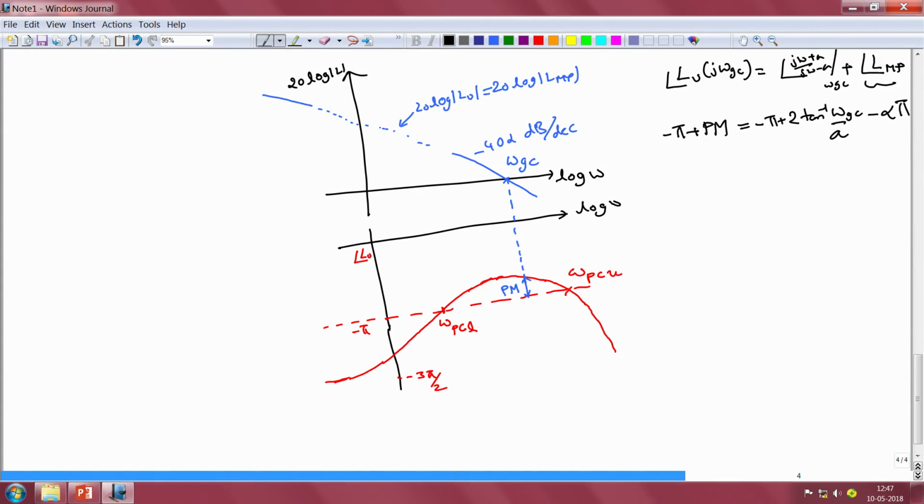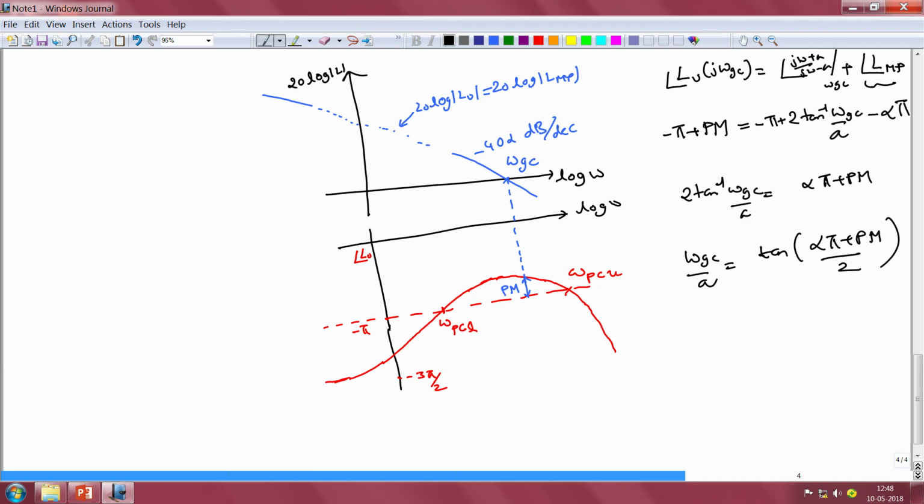So with this equation we can determine the gain crossover frequency in terms of the parameter A as well as the roll off rate alpha. So to do that we rearrange the terms and see that 2 times tan inverse of omega gc by A will be equal to alpha pi plus Pm, or in other words omega gc by A will be equal to tan of alpha pi plus Pm by 2.